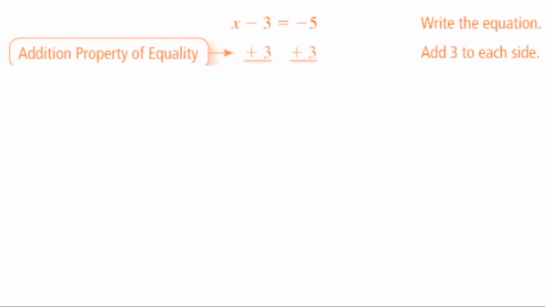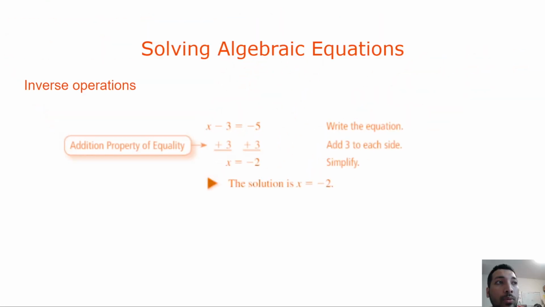Now these 3 and these 3 cancel each other out. So we have x equals negative 5 plus 3, which gives us negative 2. This is the solution to our equation. We just used one step to solve this equation. So our answer is x equals negative 2.